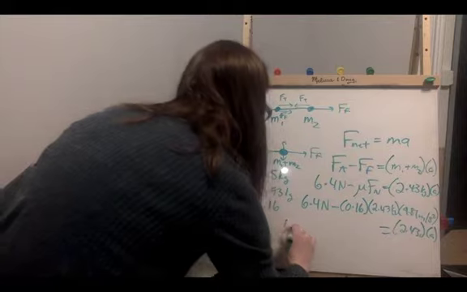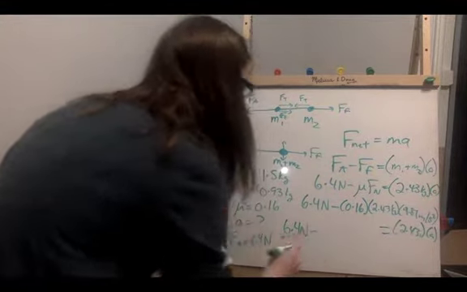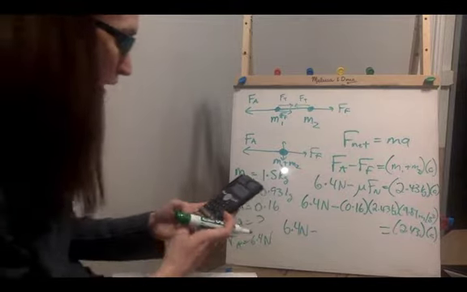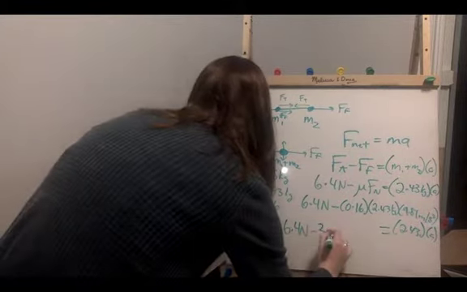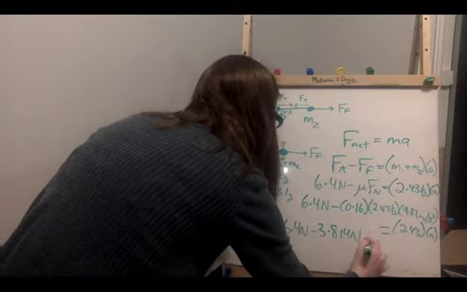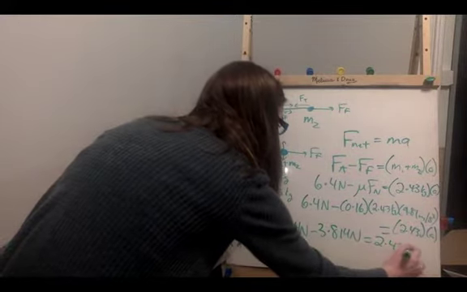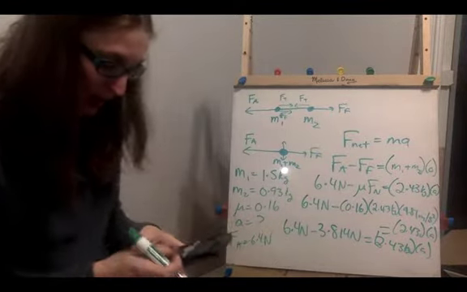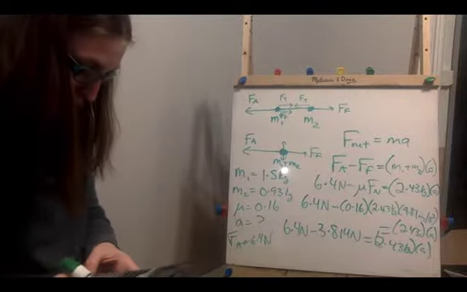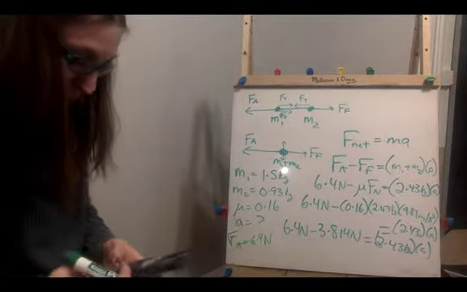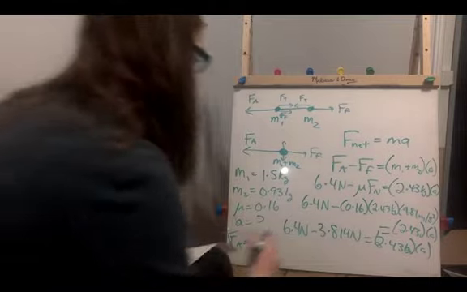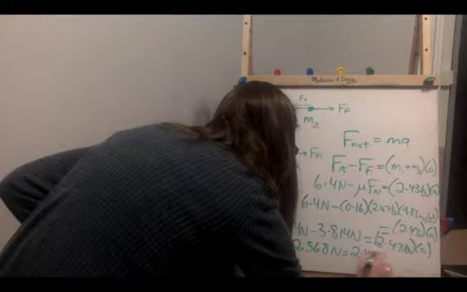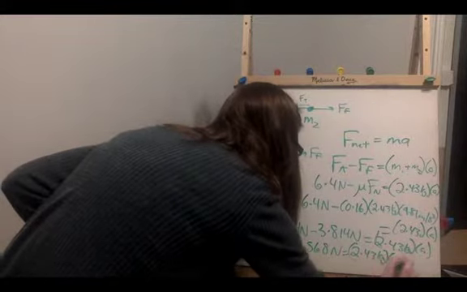So what that gives us is, okay, there's my applied force of 6.4 newtons. My force of friction is the 0.16 times 2.43 times 9.81, which is 3.814 newtons. That's all equal to the 2.43 kilograms multiplied by the acceleration. So I can just subtract these, right? 6.4 minus that 3.814, get a value of 2.568 newtons is equal to the 2.43 kilograms times acceleration.